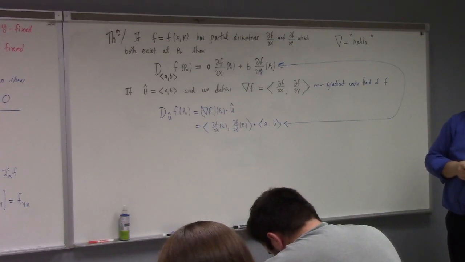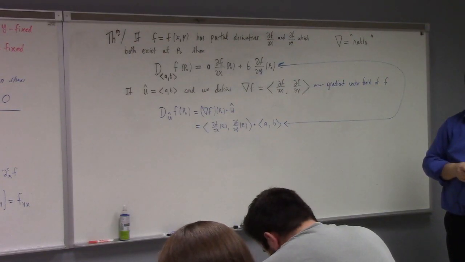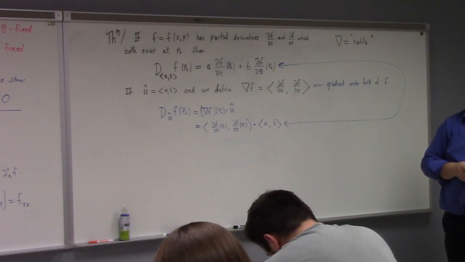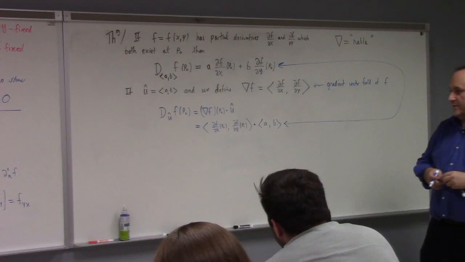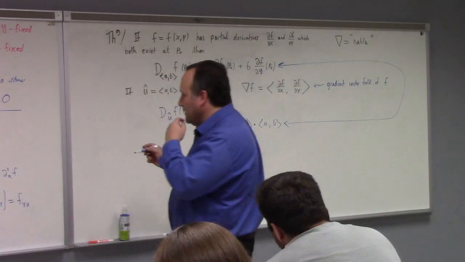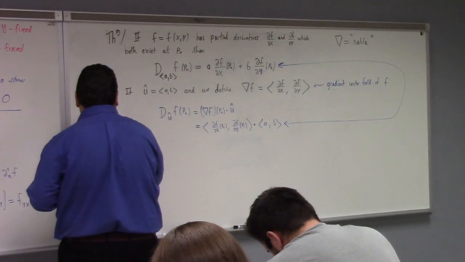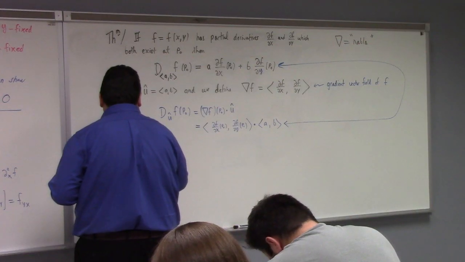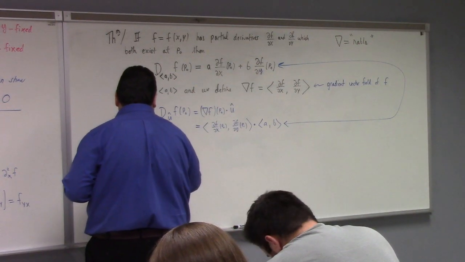So it's actually pretty easy to calculate the gradient vector field for a function of two variables. Because as I'm going to show you in much more detail next class, partial differentiation is easy. It's easy. Let's do some more while we're at it. So like example 8. Partial derivative with respect to x of sine of x y squared.